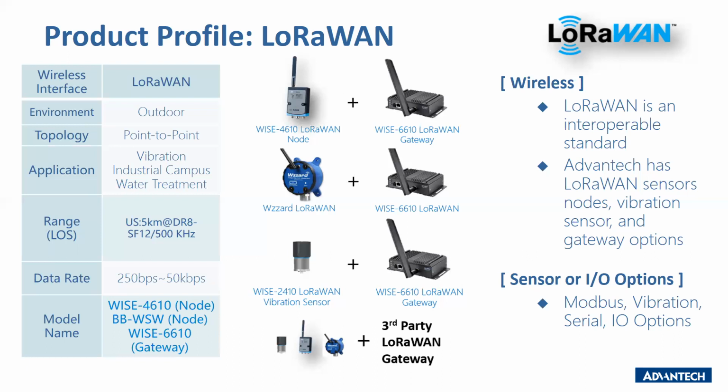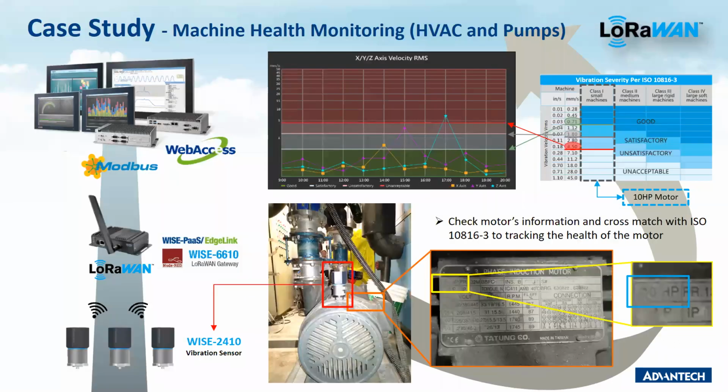All right, let's look at a case study. If you see in the bottom left-hand corner, the WISE 2410, I think, makes the coolest application stories that are very easy to understand.